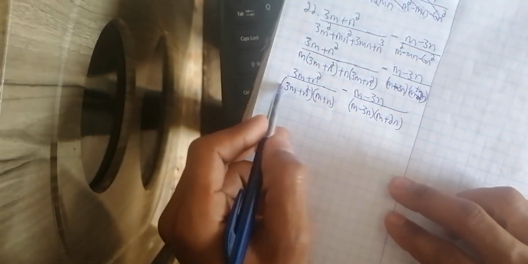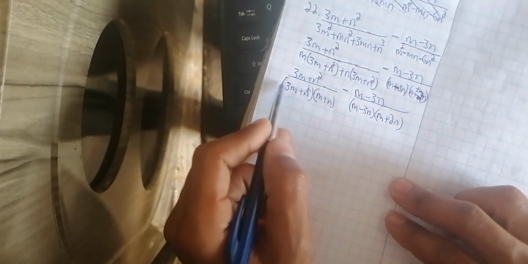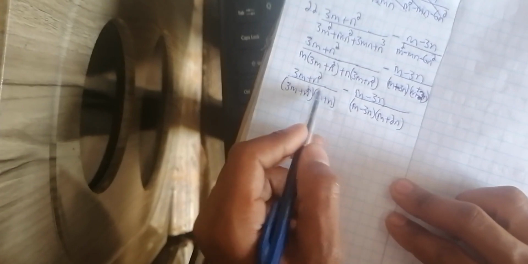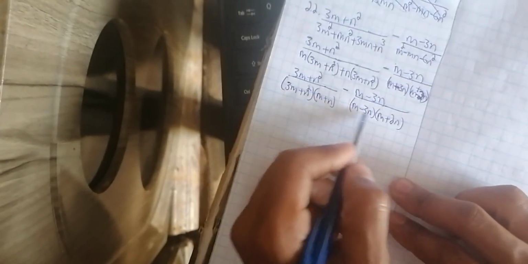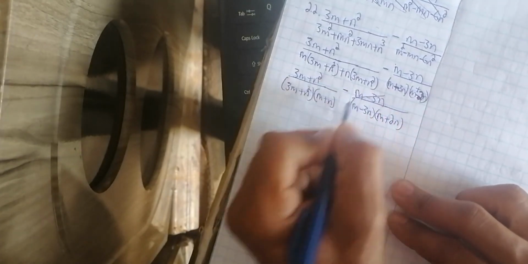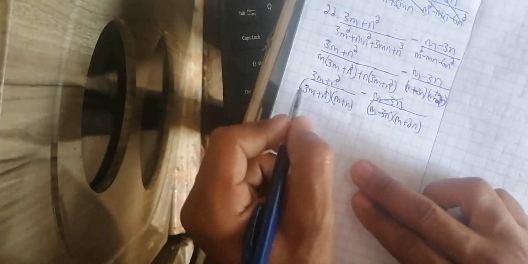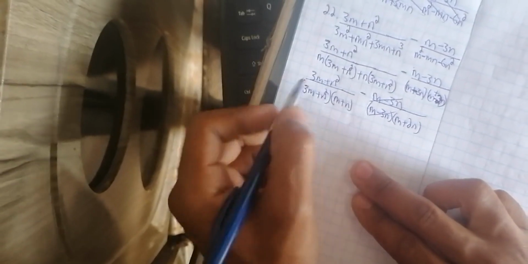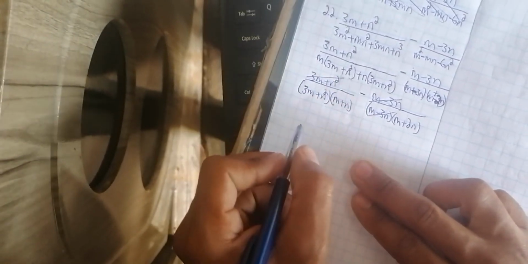Can you see that here? There's nothing I can do to simplify this. I cannot do anything in this and even that. But check what is happening there. I want to draw your attention. This is the numerator and this is the denominator. Can you see that? Right. And then I have 3m plus n squared. Look, 3m plus n squared, 3m plus n squared. Can you see what I have there?